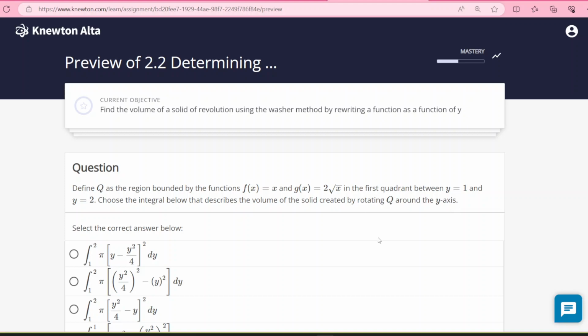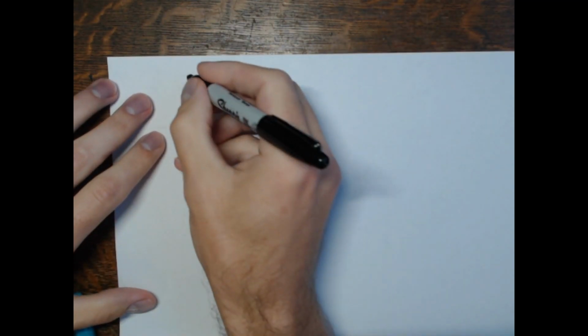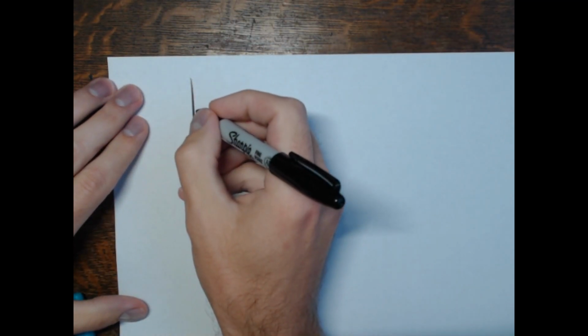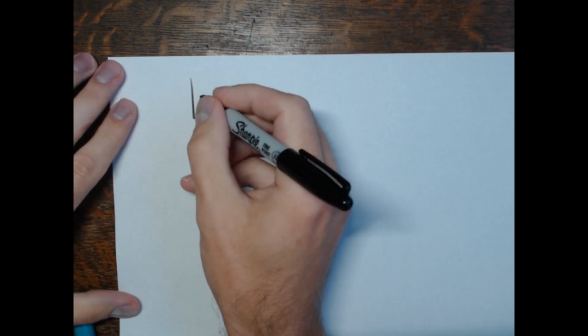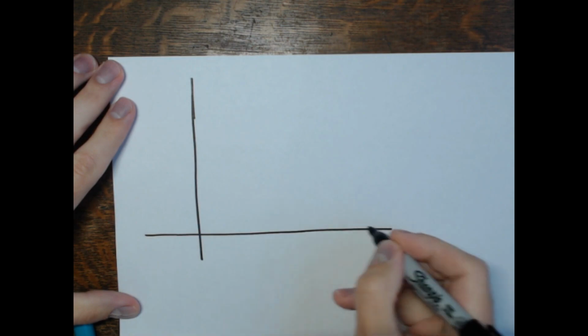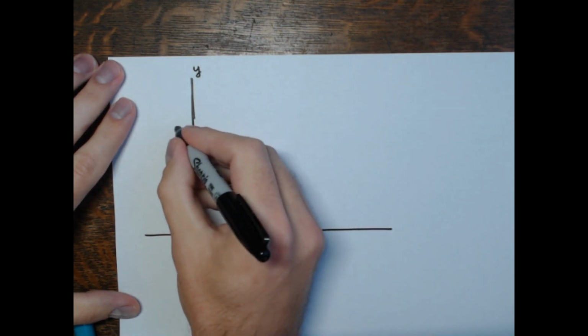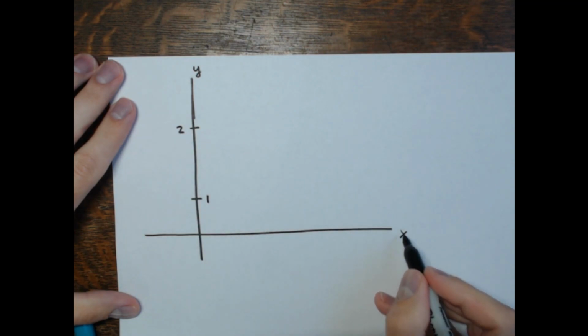So I'll graph this region once again, between y equals 1 and y equals 2, it said. Let's say that's up there.